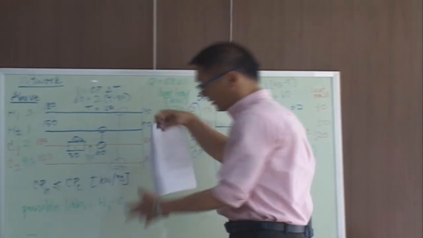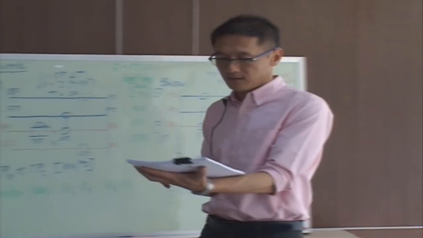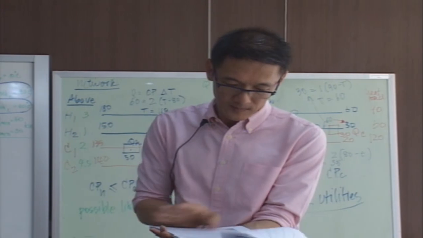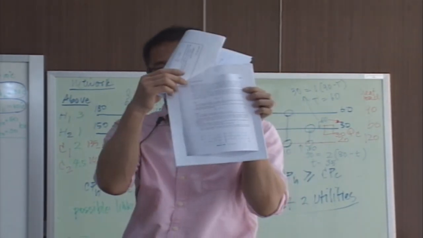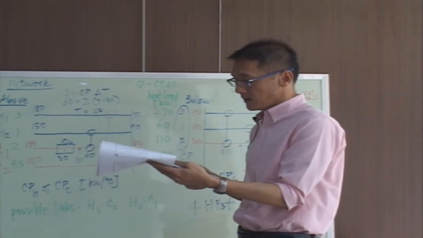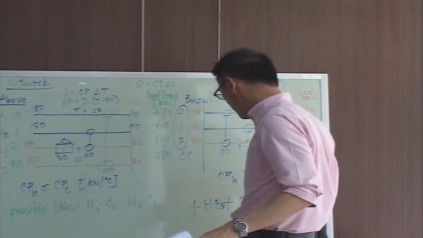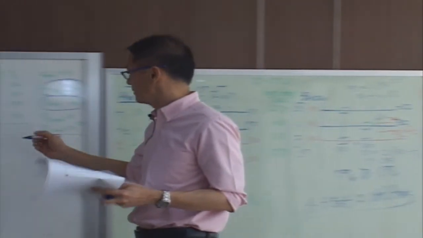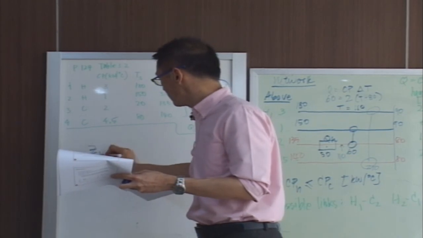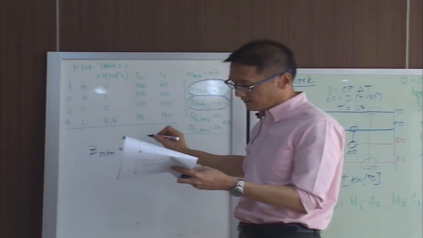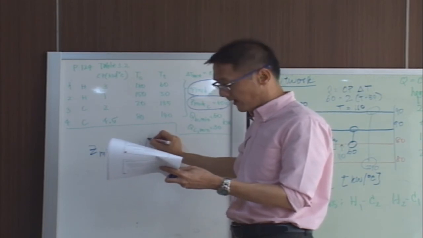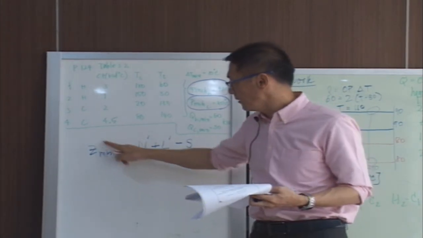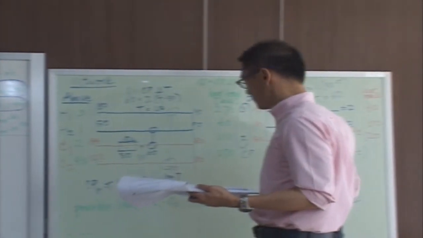So is that acceptable or not? Just go to page 137 in this handout, and then they said that the minimum heat exchanger including the utility will be less than that, on this equation, Z min equals N dash plus L dash minus S. And this is the minimum equipment that is put in here.